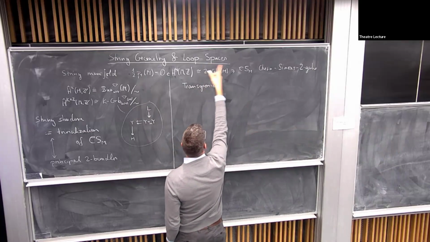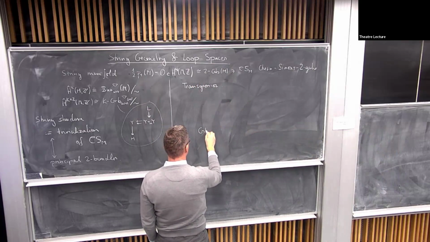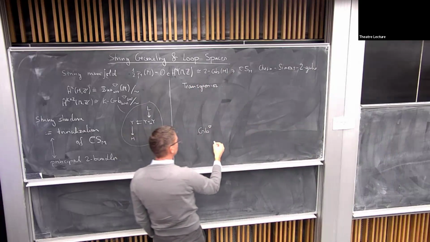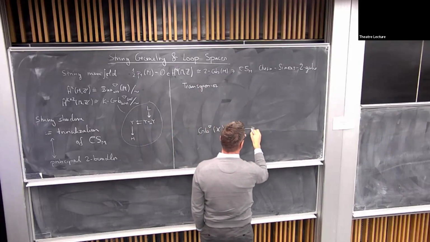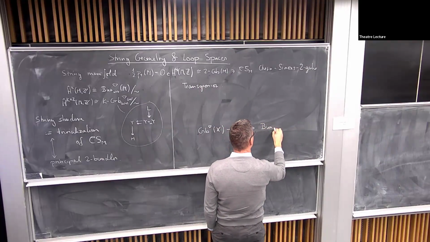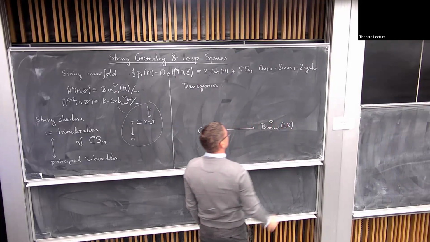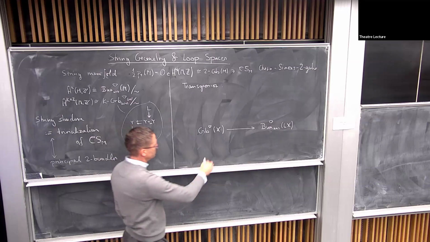that involves these loop spaces. So in general, transgression map, when I write gerbs, I just mean 1-gerbs. If I have 1-gerbs over a manifold X, then transgression takes that to U(1) bundles over the loop space of X. I'm putting connections here because I want to insist that this is a functor.